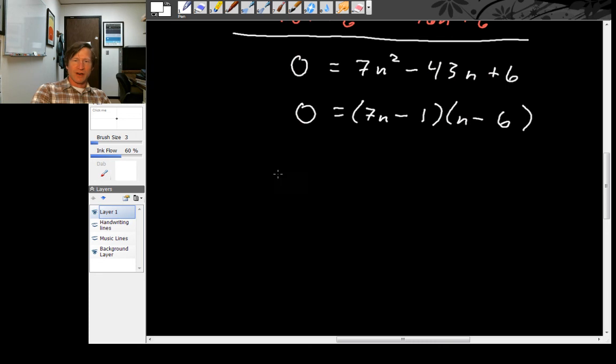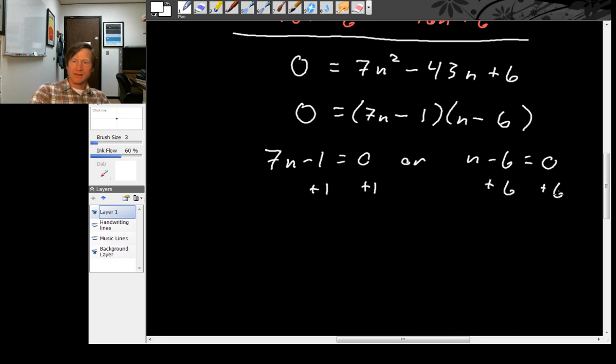So we have either 7n minus 1 equals 0, or n minus 6 equals 0. Okay, so here we can add 1 to both sides. Here we can add 6 to both sides. And we get 7n equals 0, or n equals 6.